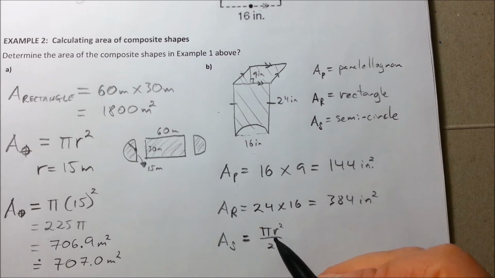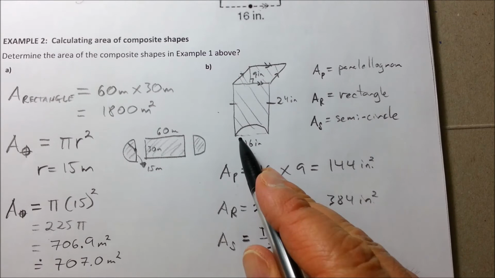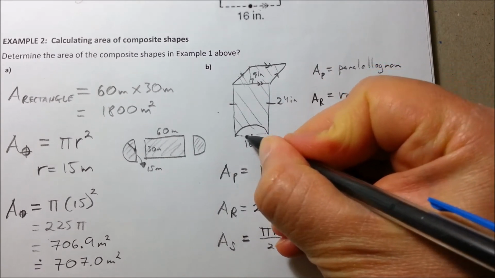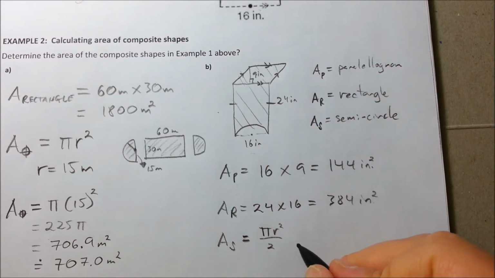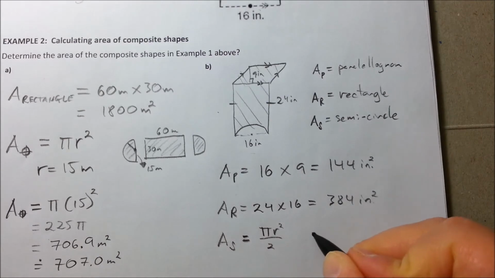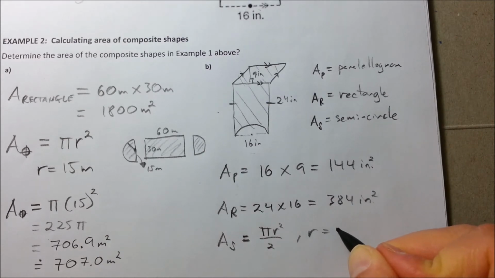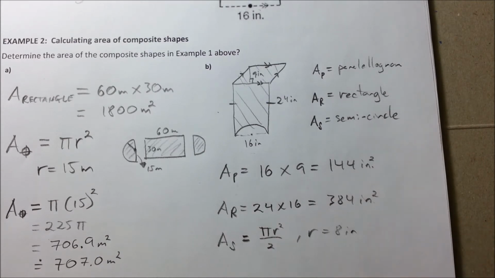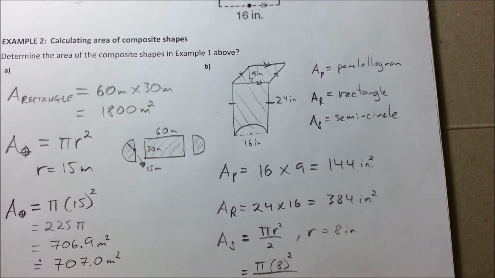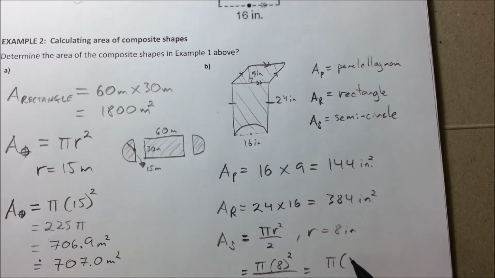Well, what is the radius of this? If this is 16 inches from end to end, the radius would be half of it. So let's collect the data first. R is equal to 8 inches. Now we can substitute it into our formula. So pi times 8 squared, because that's the radius, divided by 2. This is going to be equal to pi times 64, divided by 2.